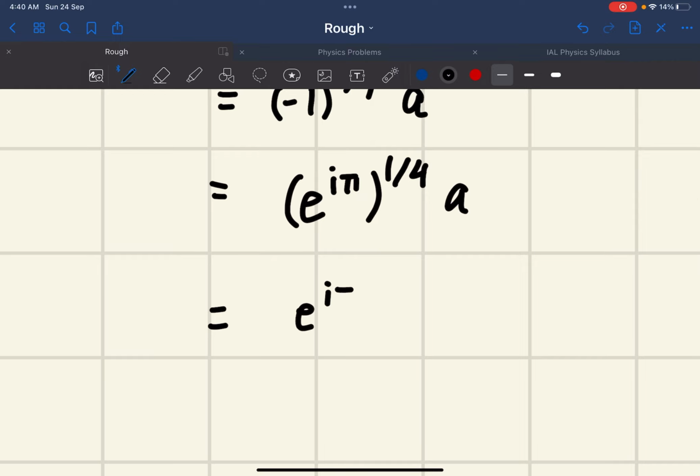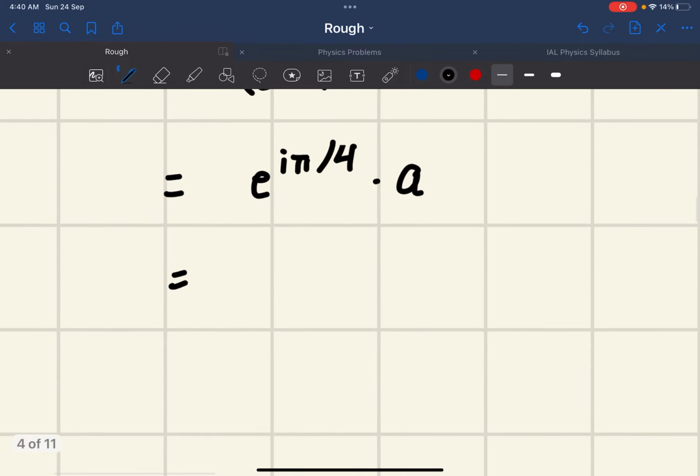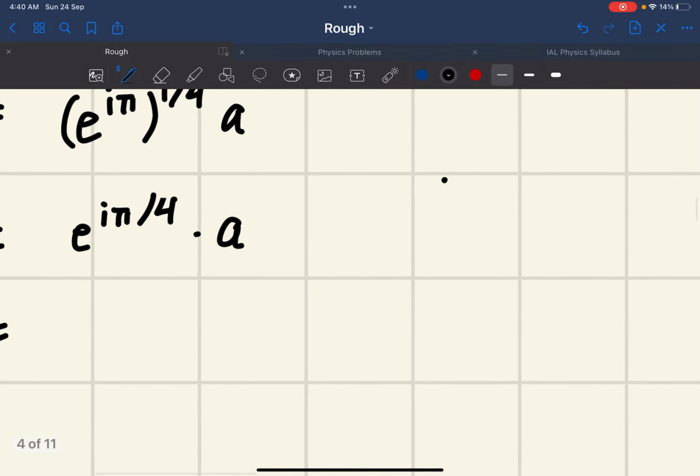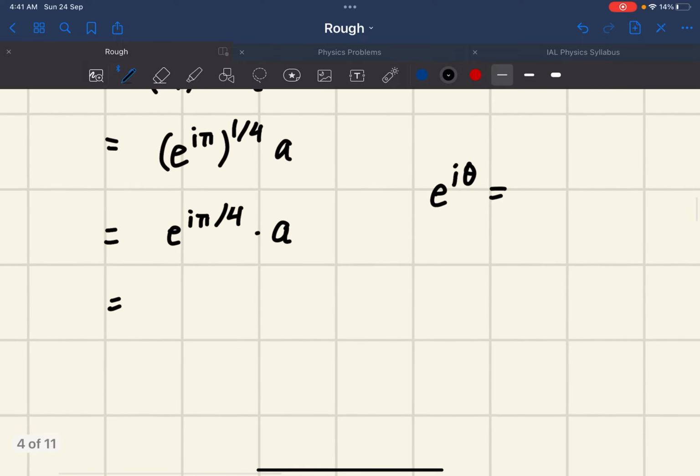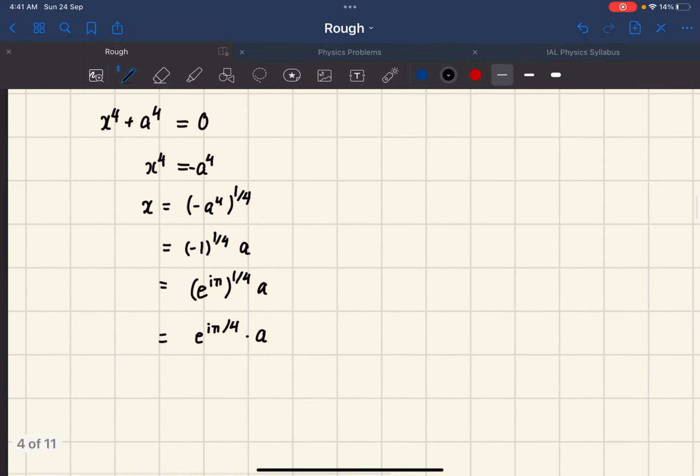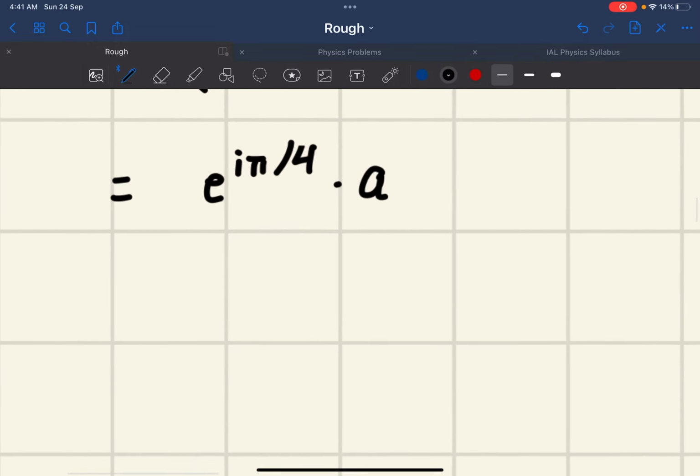So e to the i pi over 4, we're just using indices rules. Then e to the i theta equals cos theta plus i sin theta. I shall not write it in that Cartesian form yet, because this has its advantages later, but this is a possible root.